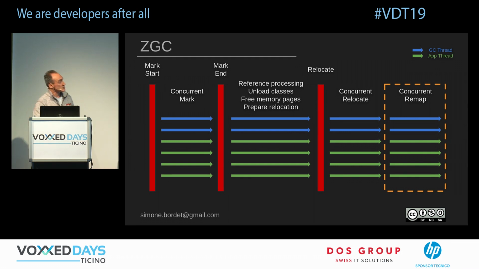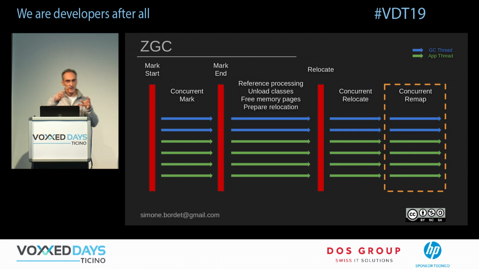Again, there's another short stop-the-world phase here called relocate start, and then there's concurrent relocation. So at relocate start, I decide what are the pages that I want to compact, and then once I decide that, concurrently, I'm just moving all the objects around with the application still running, okay?